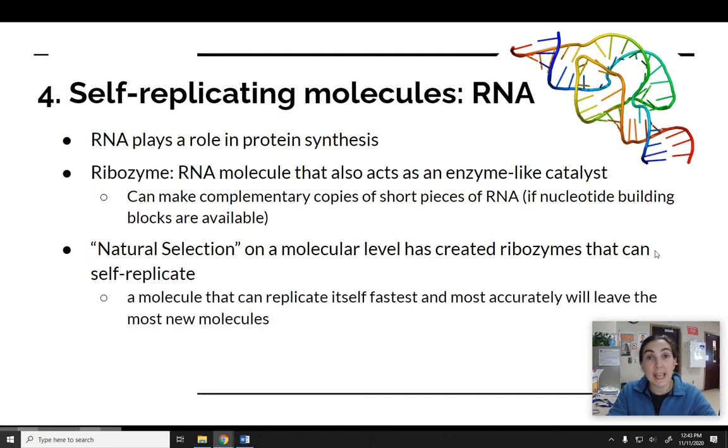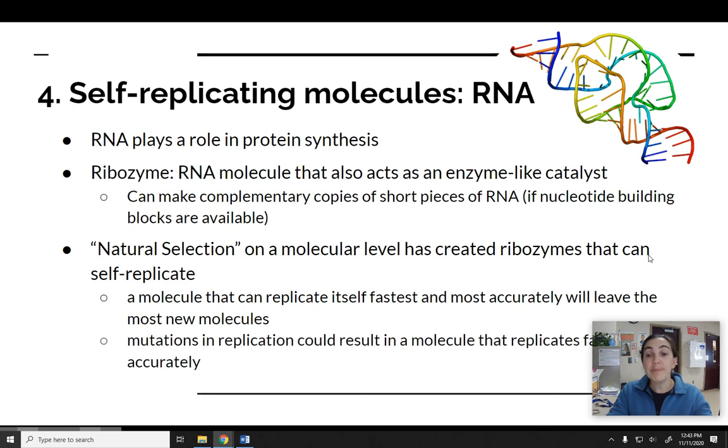Any molecule that's able to copy itself and can do that quickly and accurately is going to start leaving more and more of those molecules. It's going to become more and more common within that environment. And if there were mutations or mistakes that made that happen more quickly or more accurately, then over time these molecules will become more efficient at copying themselves and at accurately replicating.